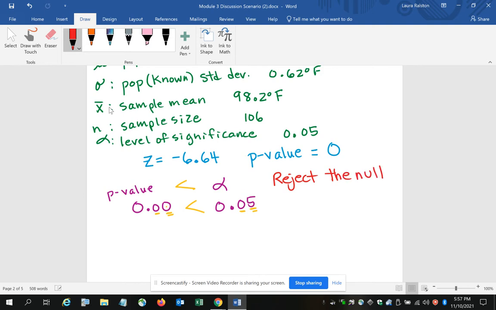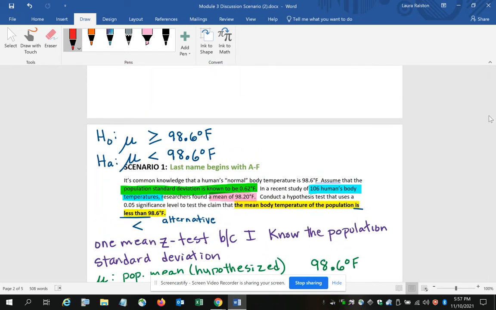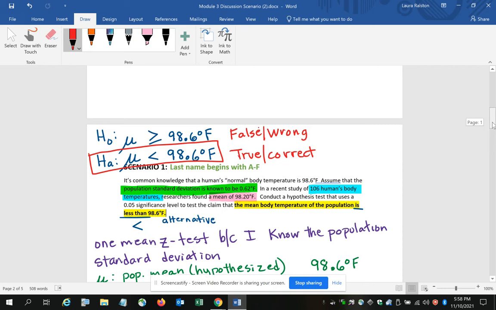Now, what that means, if I go back up here to the beginning, if I reject the null, that means the null is false or that it's wrong. And the alternative then by default is true or correct. So when I write my conclusion, I've got to write it so that it indicates that it's less than 98.6 degrees Fahrenheit.